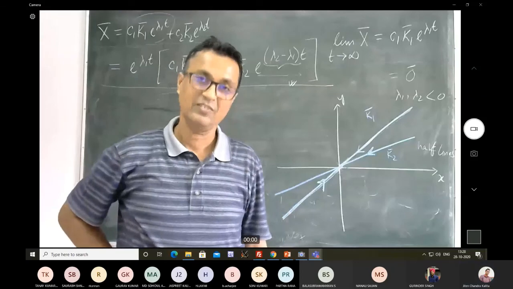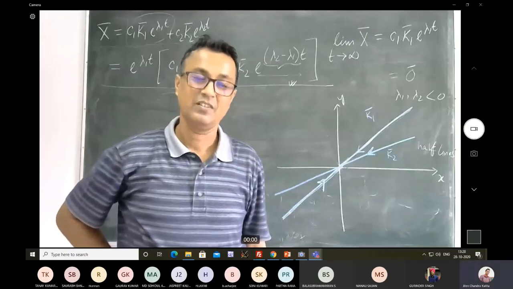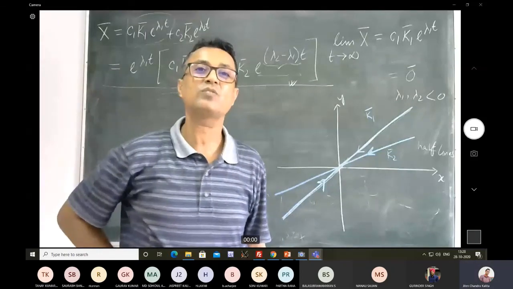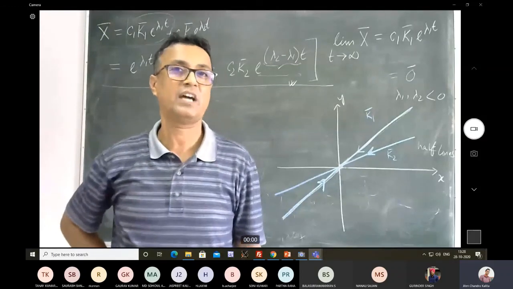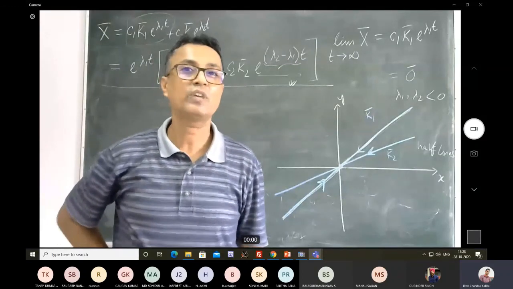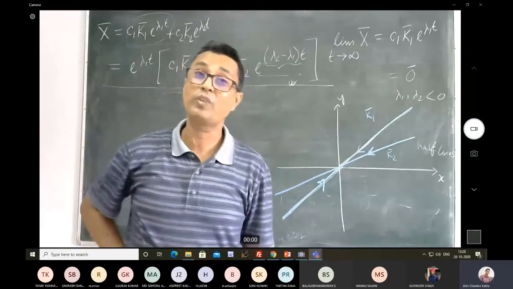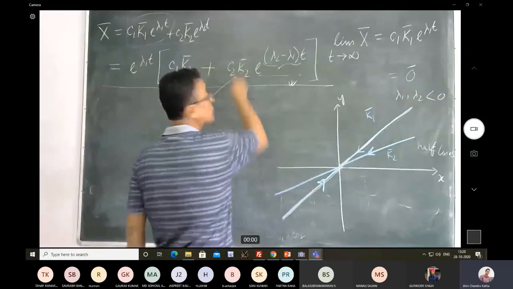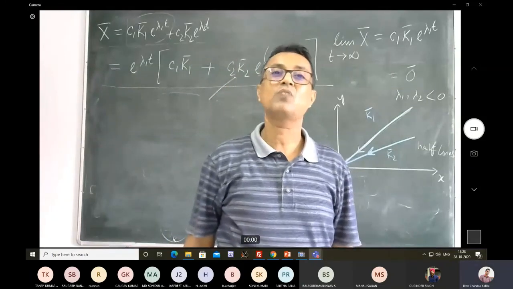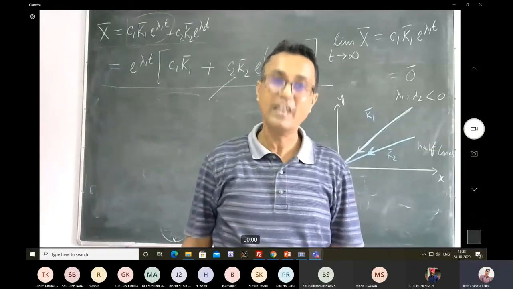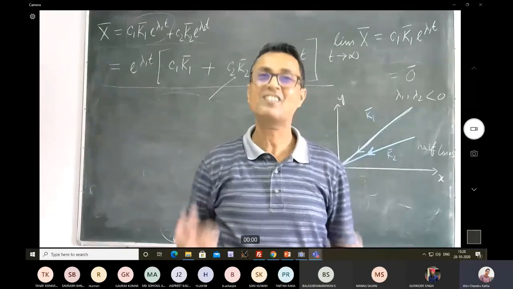Fine? When both C1 and C2 are not equal to 0 at the same time, definitely I'm going to get some curve. Now you know that from this solution, all those curves are moving towards what? In the direction of K1. Is that clear to everybody?